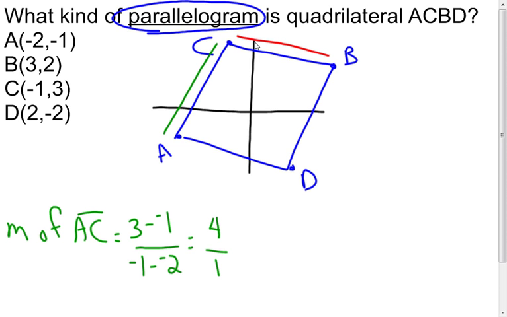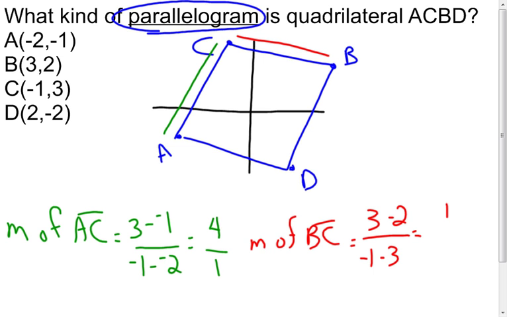Now I'll go to my slope of segment BC, and if I'm going to have a right angle at angle C, the slope of this segment is going to have to be negative 1/4. Well, I'm going to have to check it out. Take 3 minus 2, those are my y values, and then take negative 1 minus 3, and I end up with 1 over negative 4.